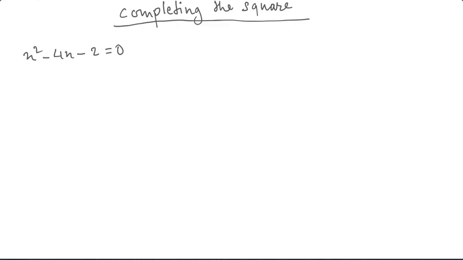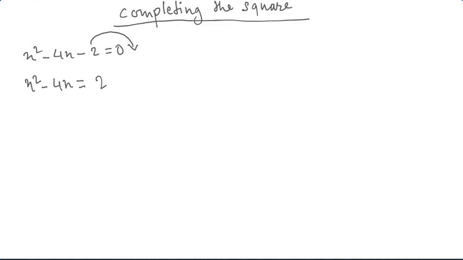Now let's go to the second step. x squared minus 4x is equal to 2. Taking the 2 to that side it becomes positive, or we just add 2 to both sides, so we get x squared minus 4x is equal to 2.